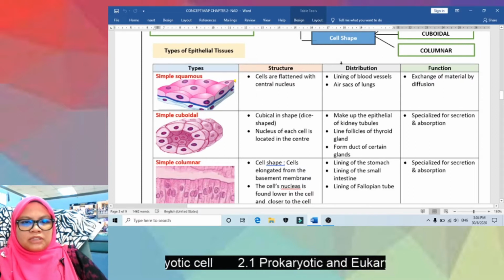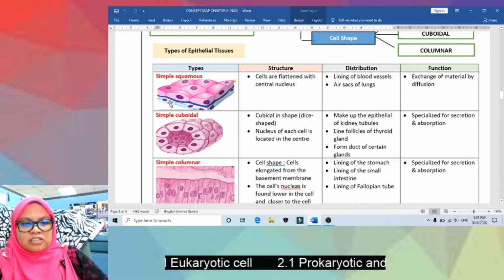So for simple squamous, the structure is that the cells are flattened with a central nucleus. Normally one cell, one nucleus. For distribution, it lines the blood vessels and also the air sacs of the lung. As we know, the blood vessels and the lung are involved in diffusion.